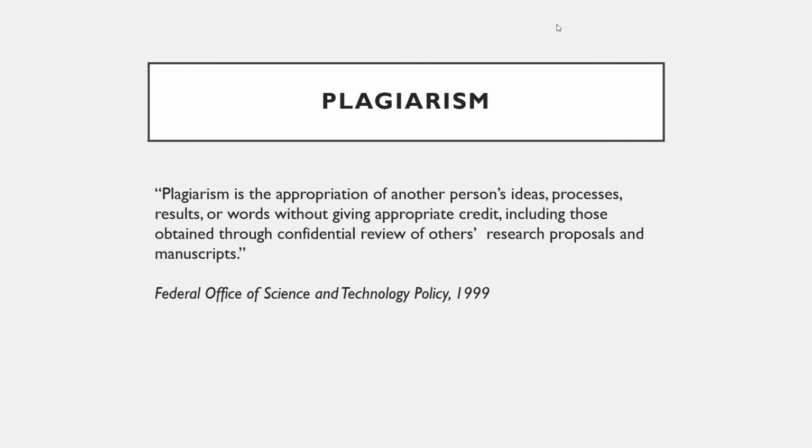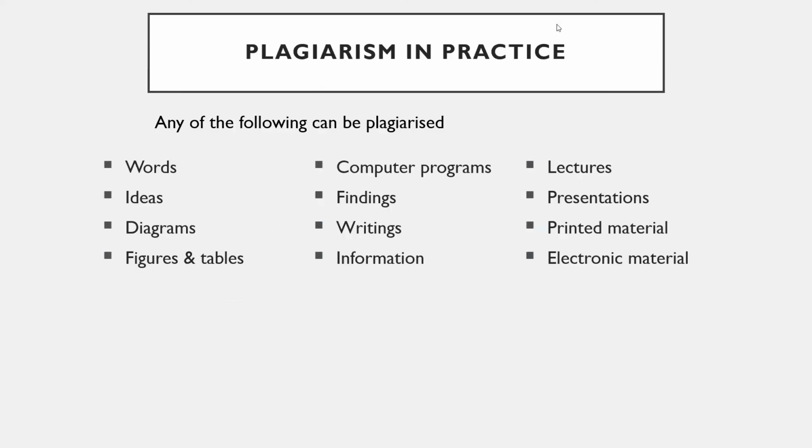There is some software that helps you find the plagiarism similarities and gives you a report. So in practice, plagiarism can be in words and can be in ideas, can be in diagrams or figures, tables, can be in findings, information, writing, presentations, computer programs, and so on.